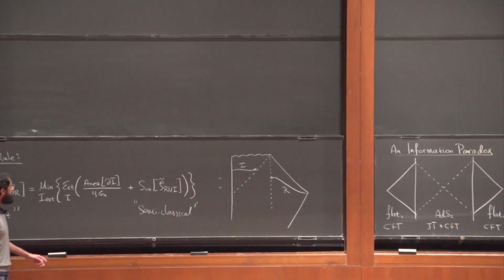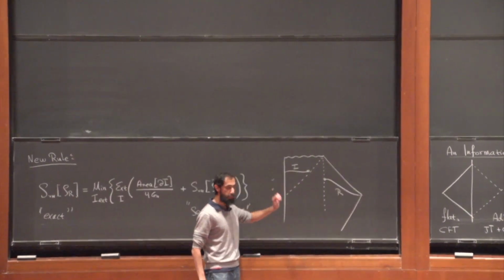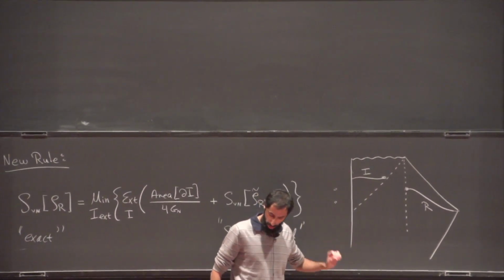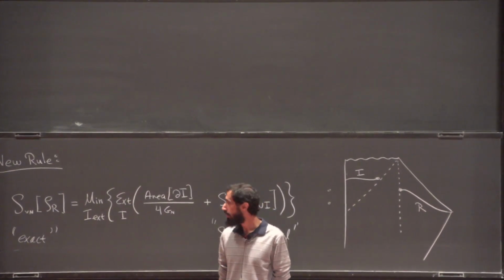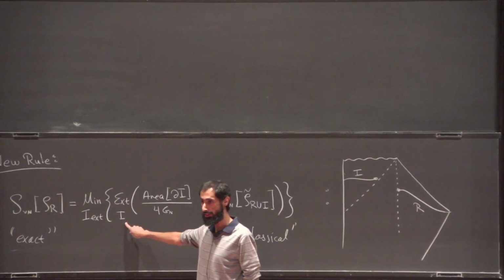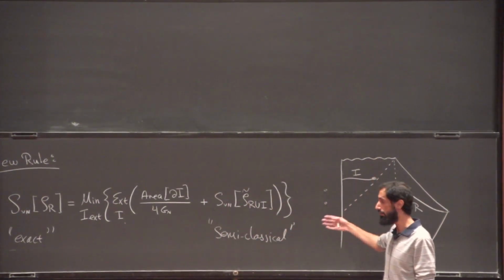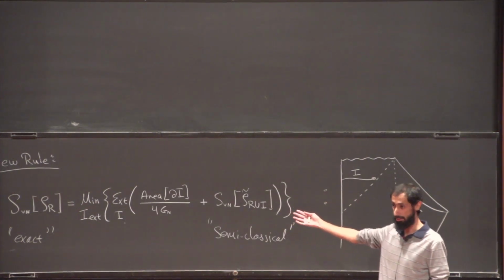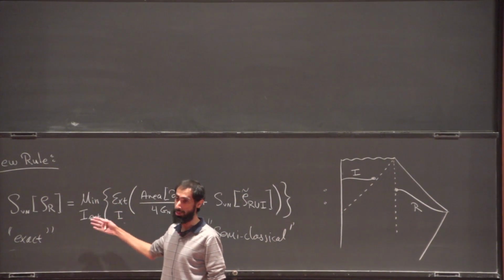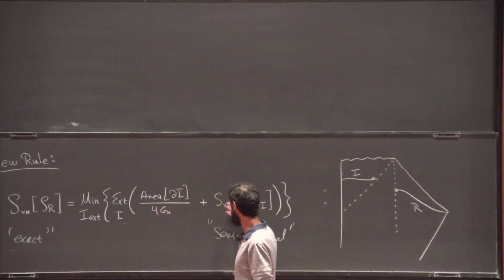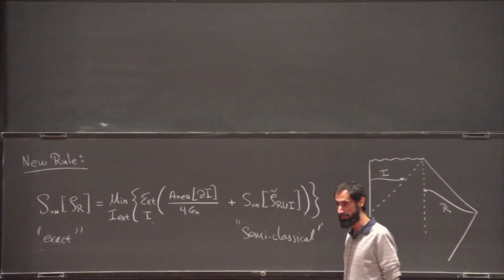Okay. So the prescription: first point is that you need to include contributions from islands. How do you pin down the location of the islands? You need to first extremize this functional. That gives you a set of islands, or extremal islands. And then you need to take the one with the minimal generalized entropy, or this functional evaluated with that island.